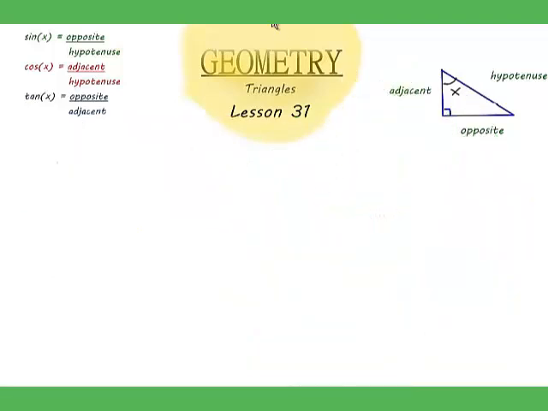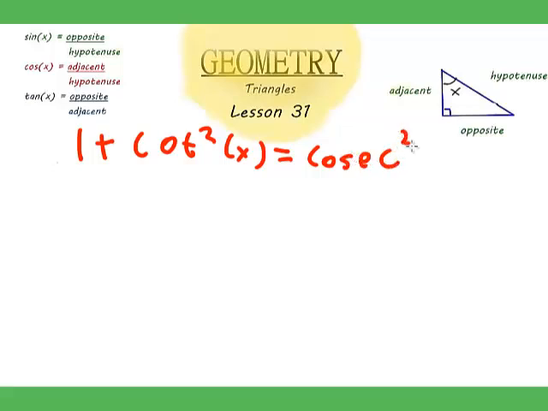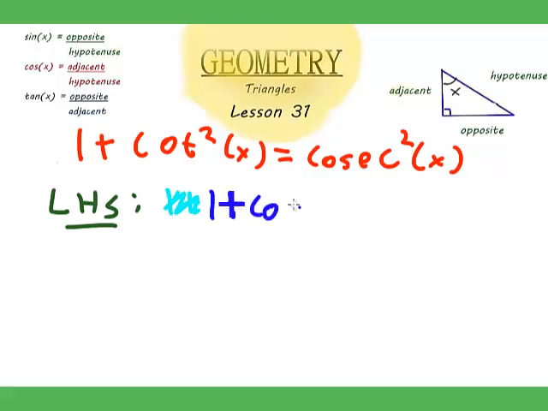Now the next identity is also a good identity to remember, but it can be easily derived. It's 1 plus cot squared x is equal to cosec squared x. Let's work from the left hand side again. It is 1 plus cot squared x.